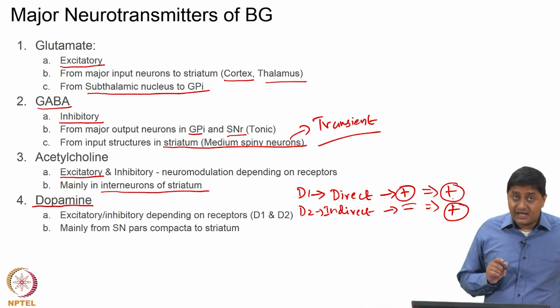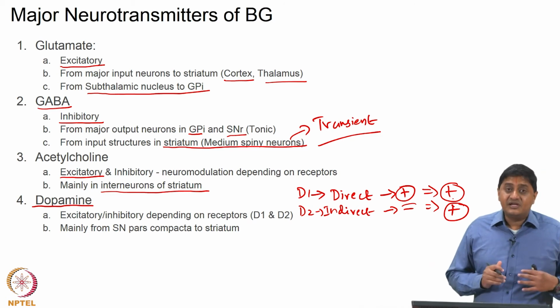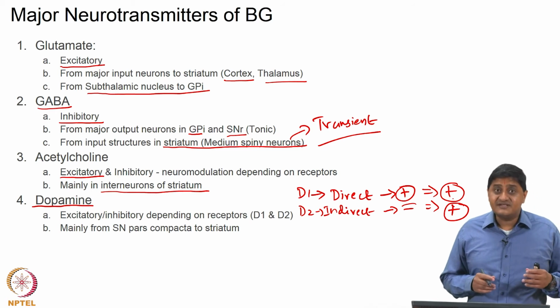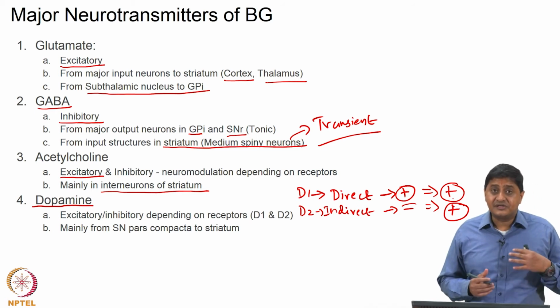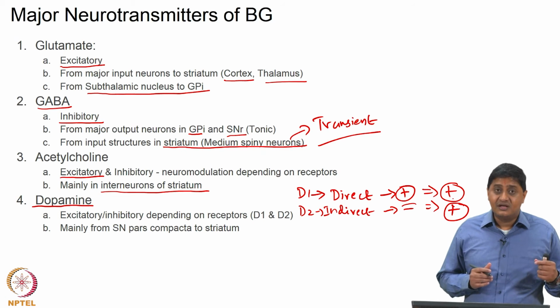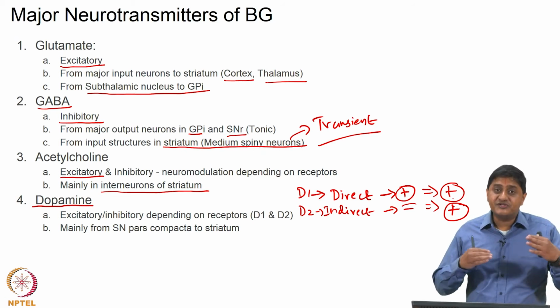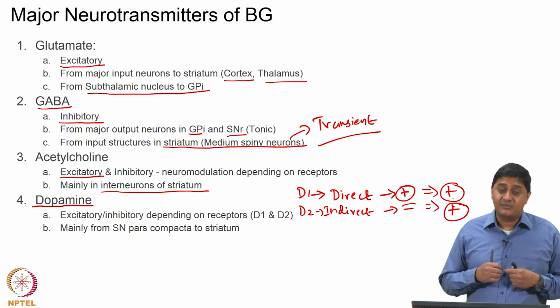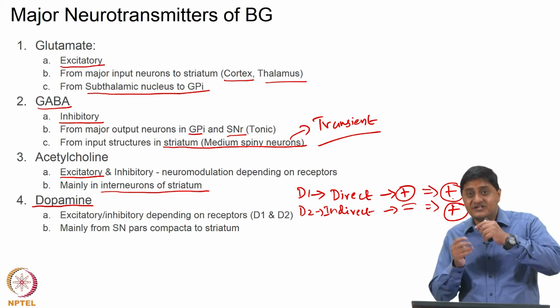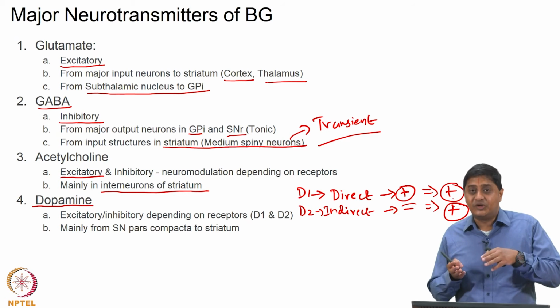So, dopamine can be excitatory or inhibitory depending on receptors. Likewise, acetylcholine can be excitatory or inhibitory depending on receptors. Importantly, these two perform opposite functions within the striatum. Where dopamine is excitatory, acetylcholine is inhibitory.